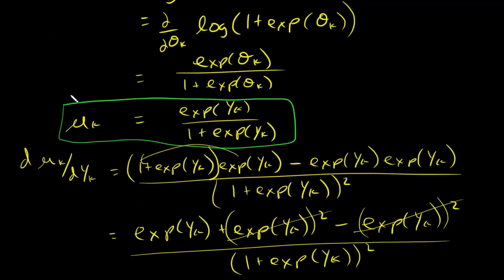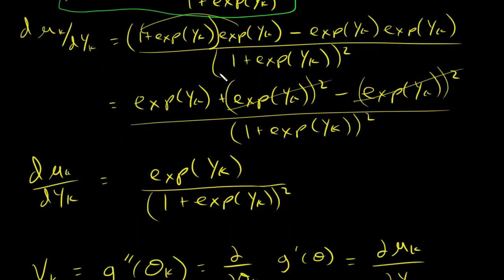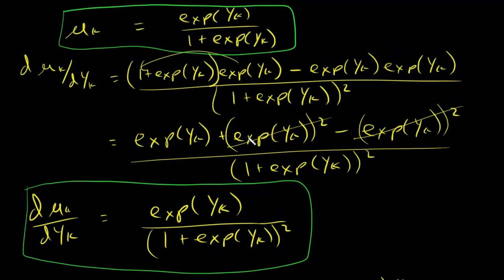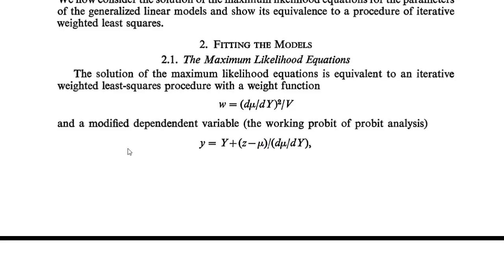What's mu, and what is d mu d y. I can use these pieces here, and then plug them in, and then I'll have an algorithm where I can estimate what beta is. Okay, and that's what I want to do next. I'm going to do that in the computer program R, and we can see how this comes together, how this works.